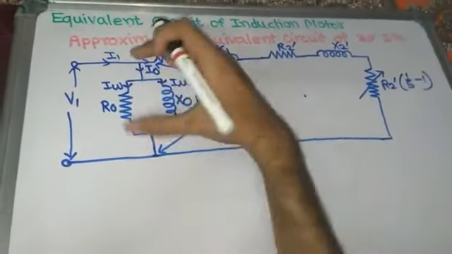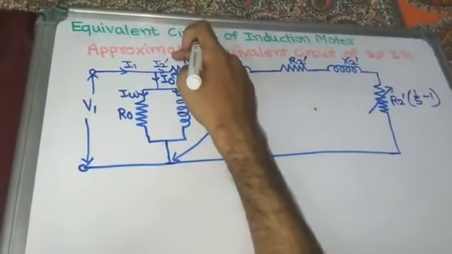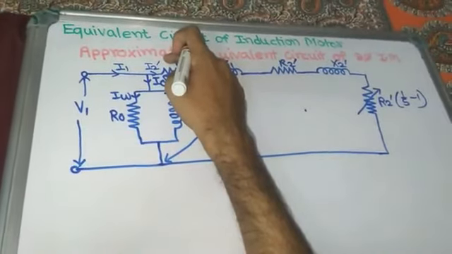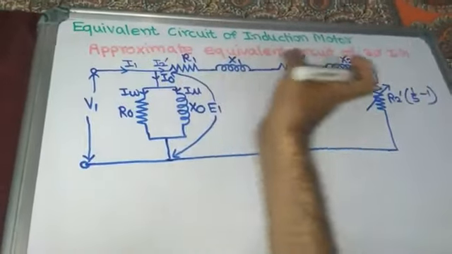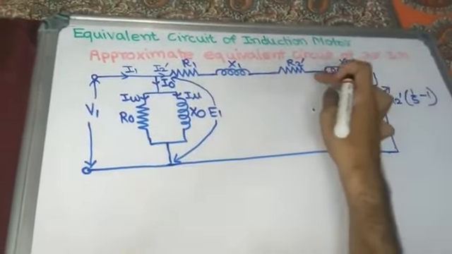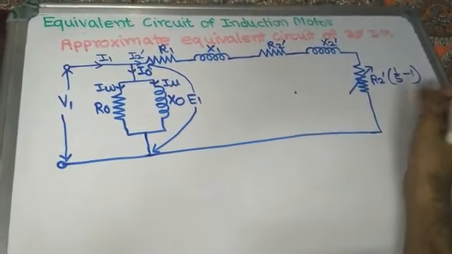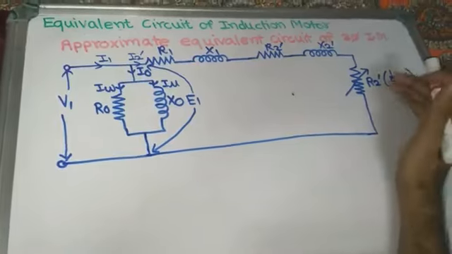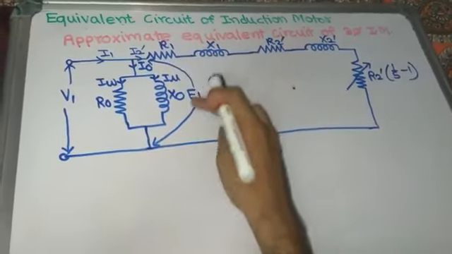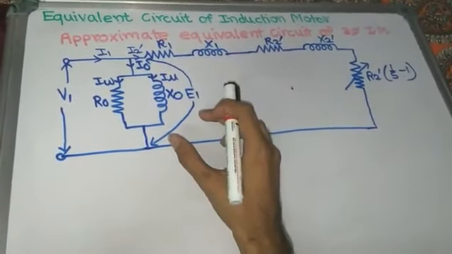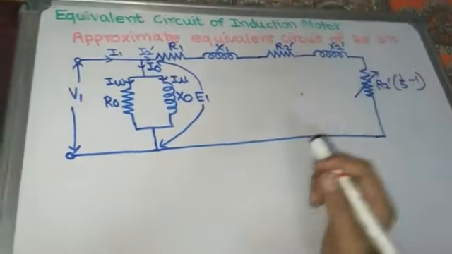Here the current is I1, here it is the no load current, I2 dash is the reflected rotor current in the stator, and this I2 dash flows through R1, X1, R2 dash, X2 dash, and R2 dash times (1/S minus 1), which is RL dash. We can say that it is the electrical equivalent of the mechanical load, and here is the stator induced EMF per phase E1, and the rotor induced EMF E2 is given by E2 by K in the stator.